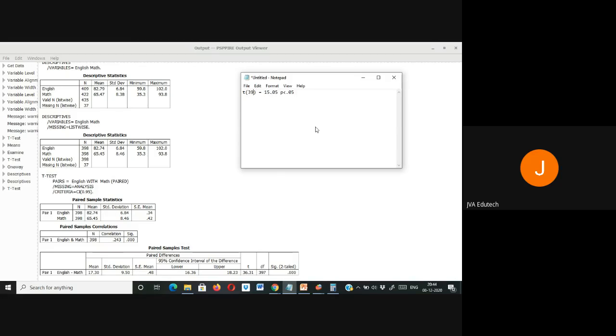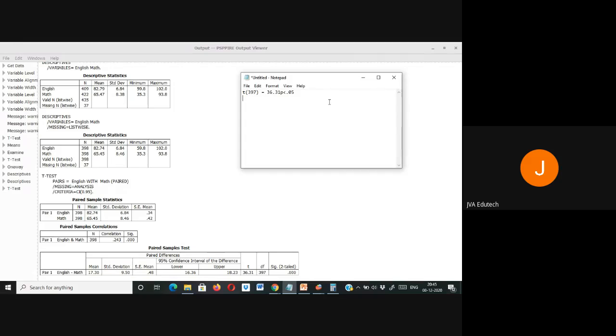T at the degree of freedom 397 comes out to be 36.31. P is less than alpha, reject null hypothesis. It will tell you that there exists a significant difference between the scores of the students when they have given the math exam and when they have given the English exams.